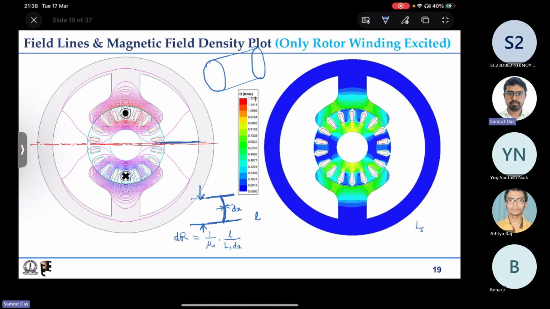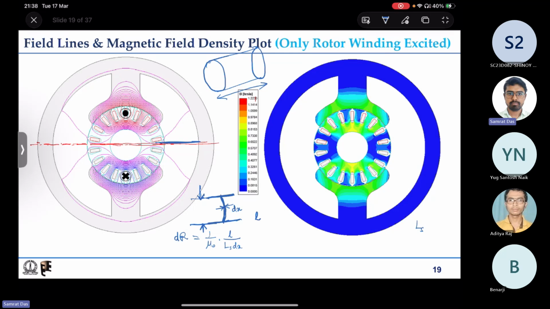Our 2D approximation holds good only in cases where the diameter of the cylinder is quite low compared to the axial depth. Axial depth is assumed to be high. In those cases only we can take a cross-sectional view and do a 2D analysis. Otherwise the 3D effects you have to take into consideration, which will get quite complicated.